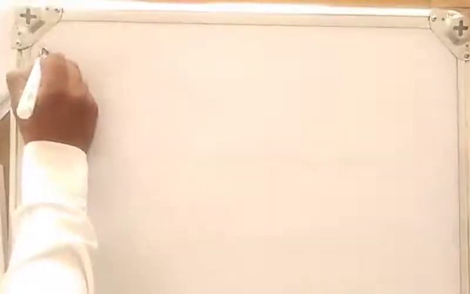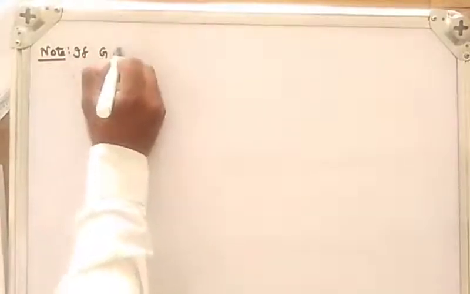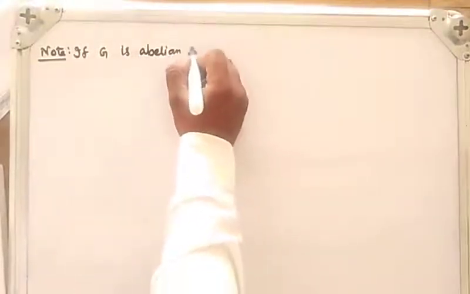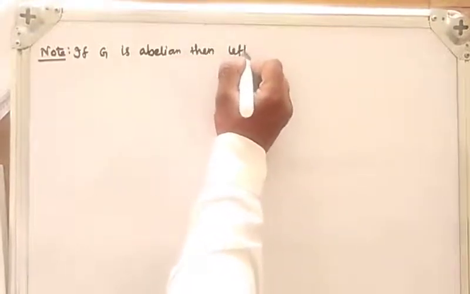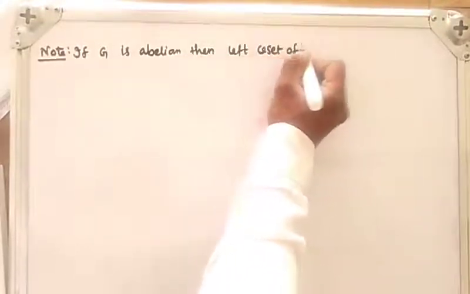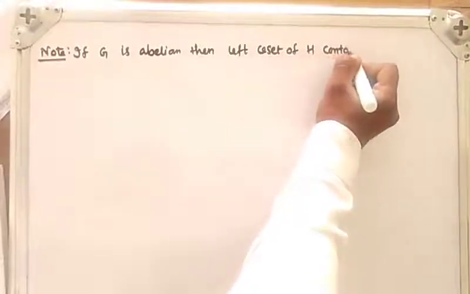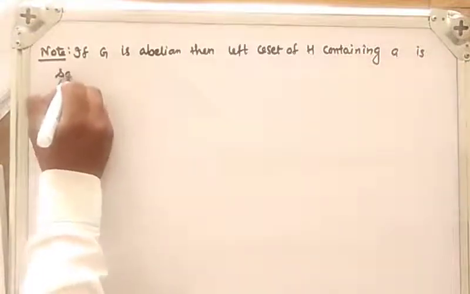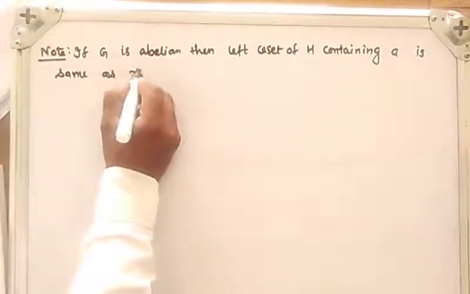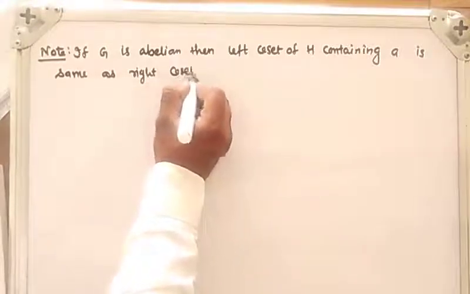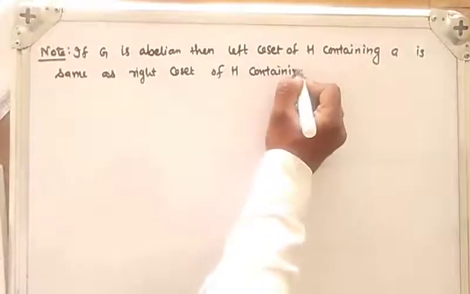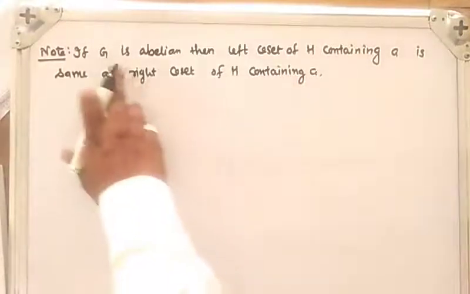So let's see the note. If G is abelian, then the left coset of H containing a is the same as the right coset of H containing a whenever G is abelian.